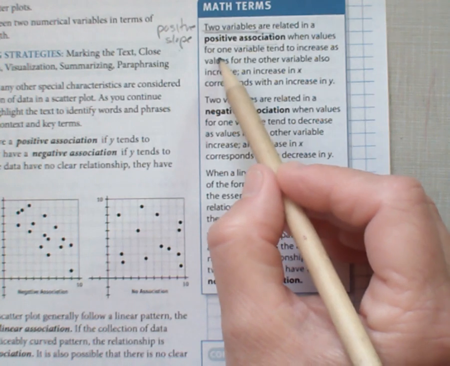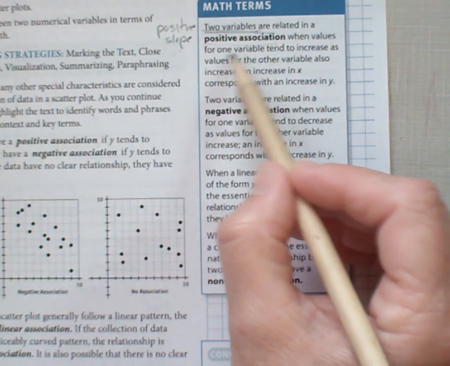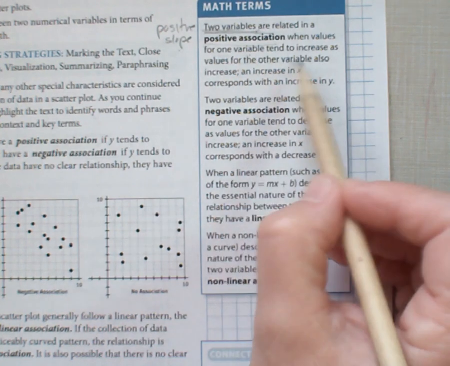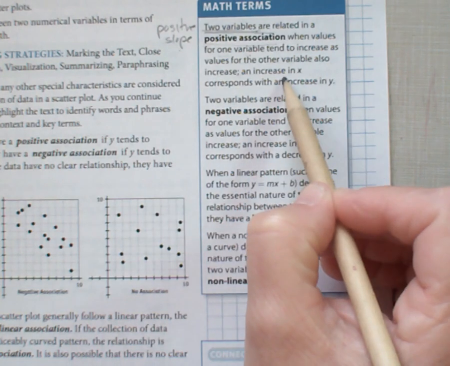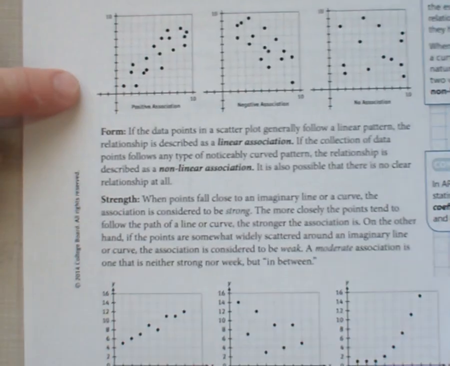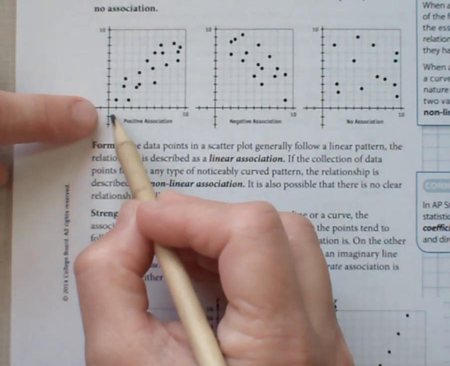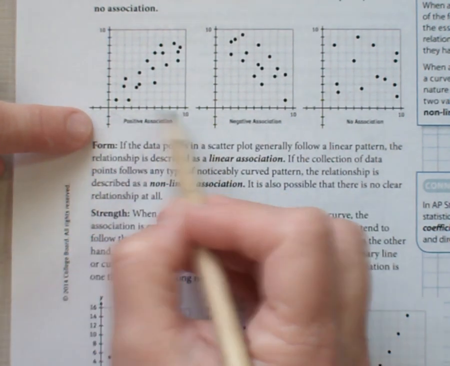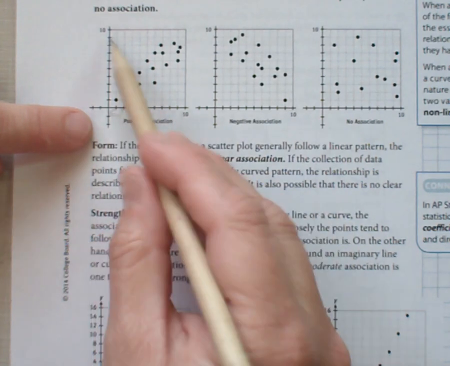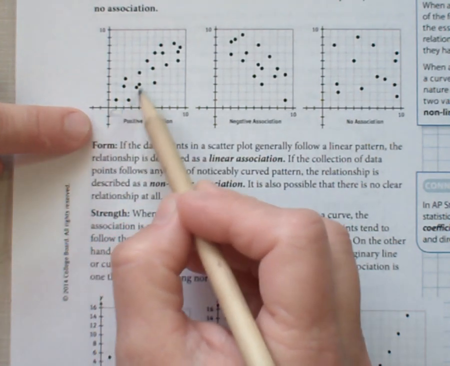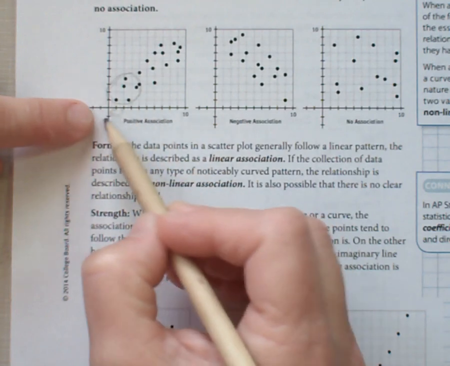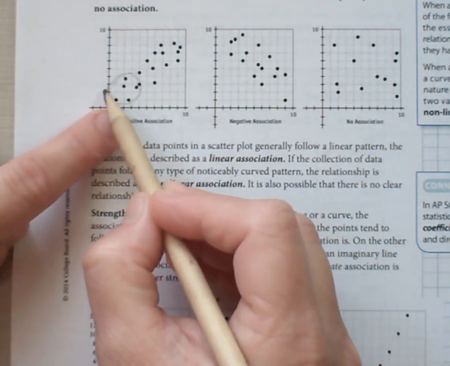So when one variable is increasing, the other variable is also increasing. And we have an example right here of a positive association. If I start here, where my x variable is low, I see my y variable is also low. So these points, when x is low, y is low.